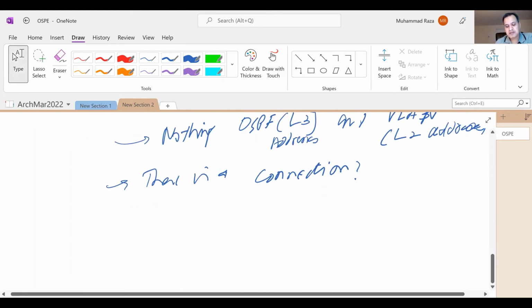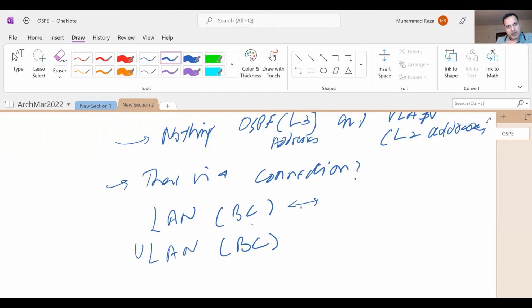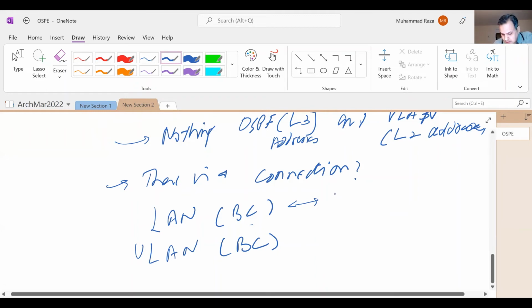The connection is that we can have a local area network, which is broadcast. Similarly, we can have a virtual local area network, which is also broadcast. For going from one LAN to the other LAN through subnetworks, I'll need layer 3 communication. Similarly, for going from one VLAN to another VLAN, I'll need layer 3 communication.